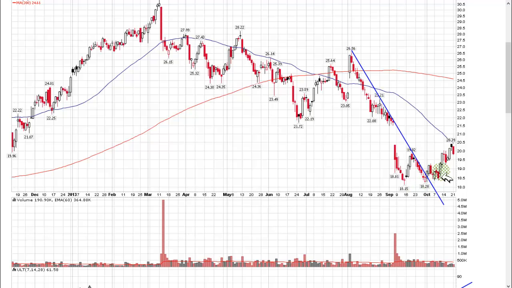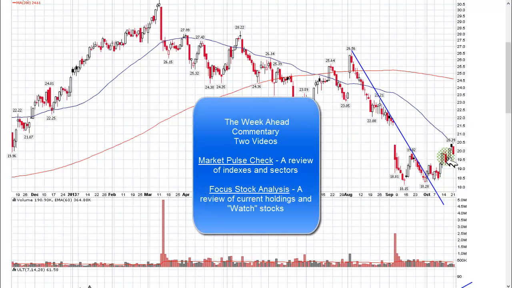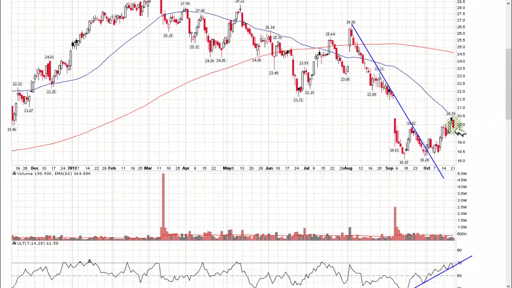The stock subsequently rallied. And over the weekend, I produced the week ahead commentary, a video of all the stocks that we hold. And I mentioned to members, watch out for ESC. If you're long, it's running into resistance at the 50-day moving average. I wasn't happy with the way it closed on Friday. We knew the 50-day moving average was going to be resistance.